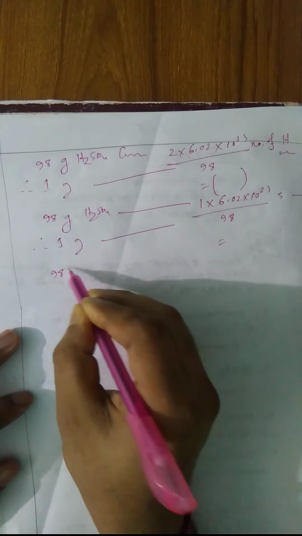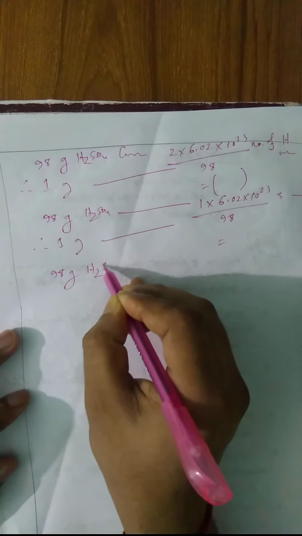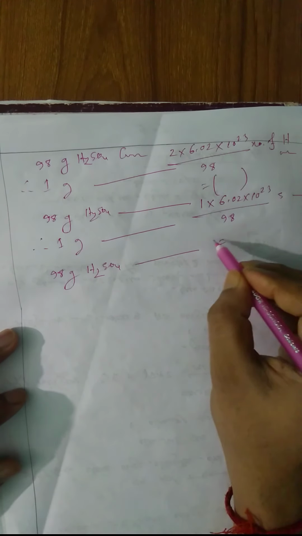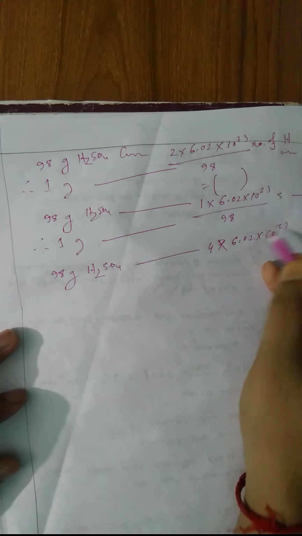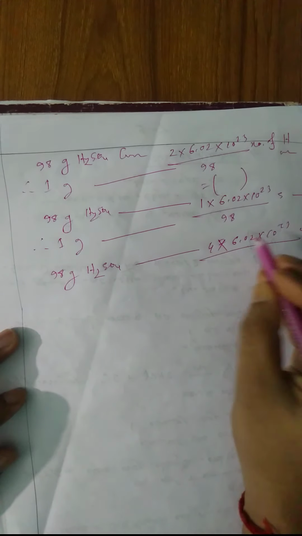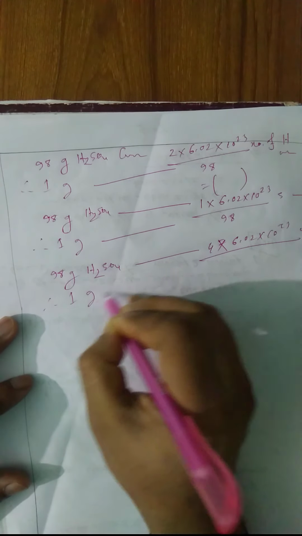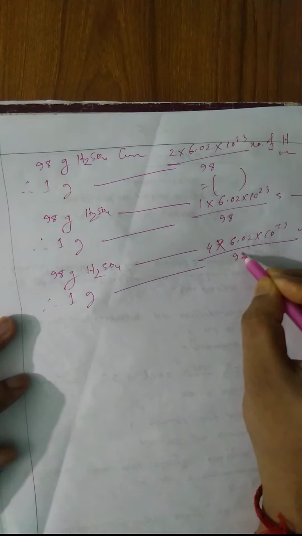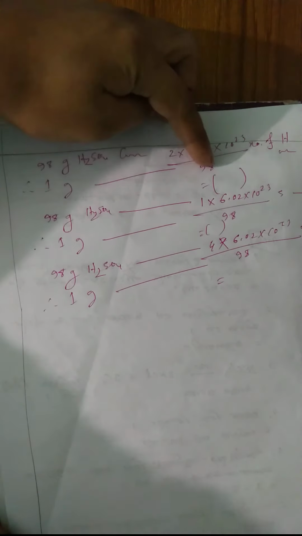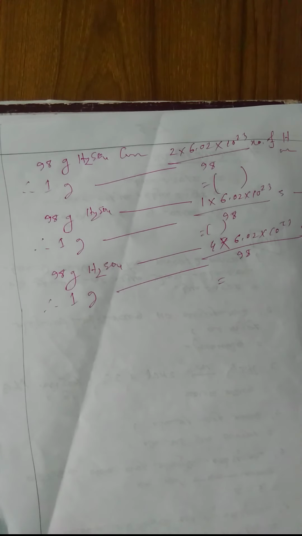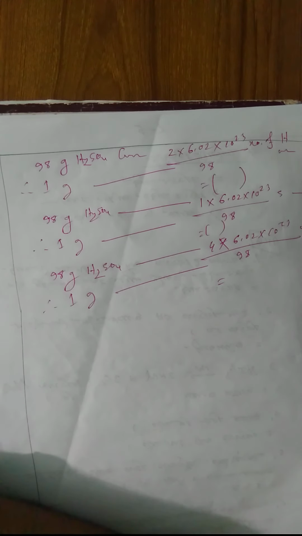Similarly, 98 gram H2SO4 contains 4 multiplied by Avogadro number of oxygen atoms, and for 1 gram H2SO4 this will be divided by 98, and the answer will be the number of hydrogen atoms, sulfur atoms and oxygen atoms in 1 gram of H2SO4.